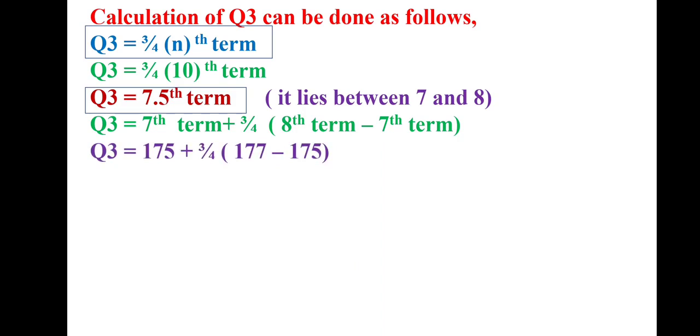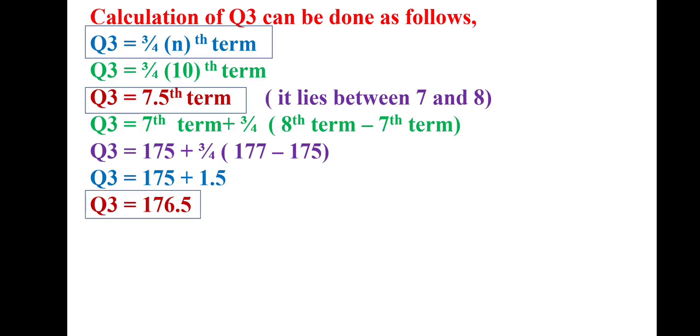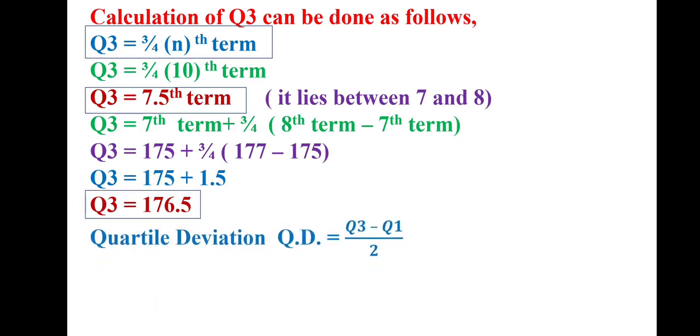We can substitute in this formula: 175 plus 3/4 of 177 minus 175. So we'll get 175 plus 1.5, so 176.5. Q3 equal to 176.5. Then we can find the quartile deviation. The formula is Q3 minus Q1 divided by 2.